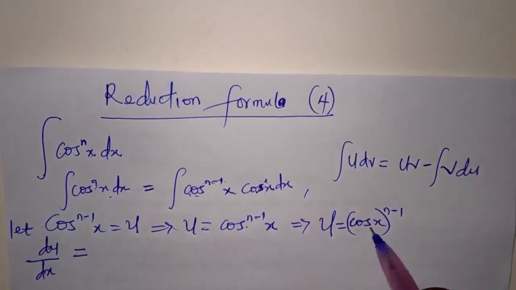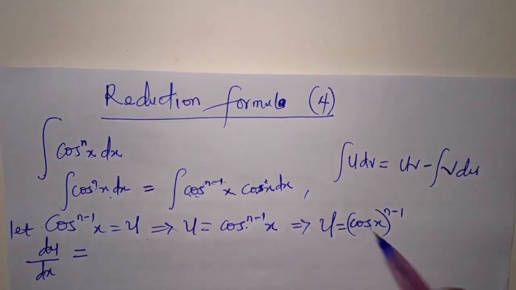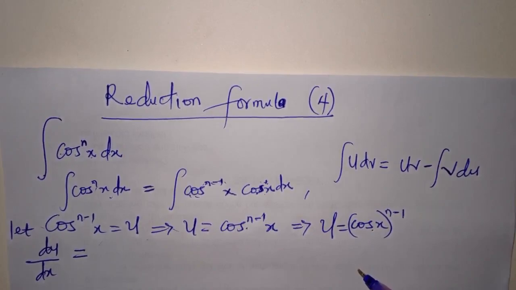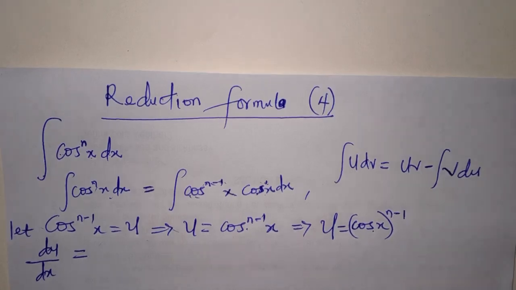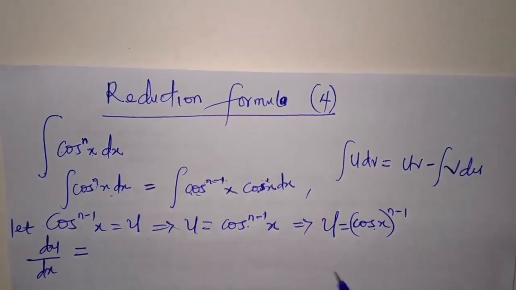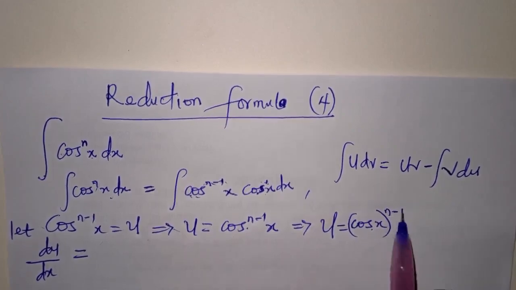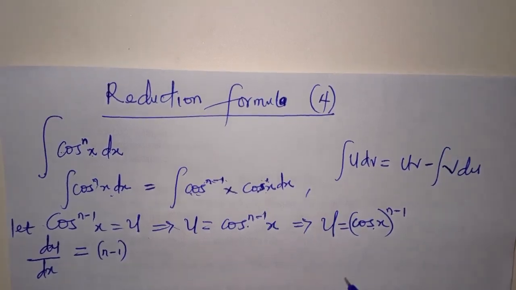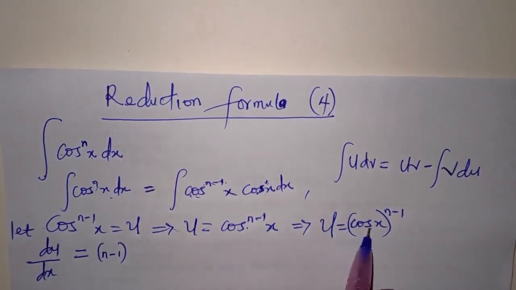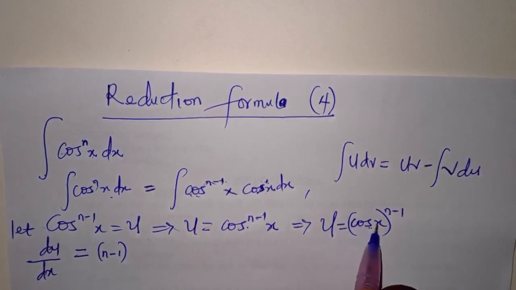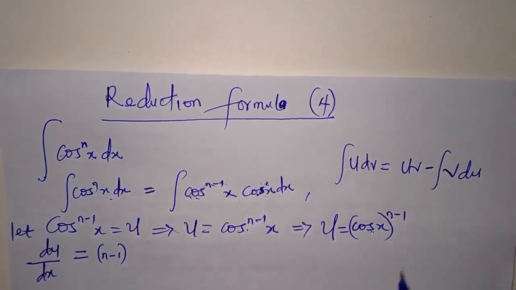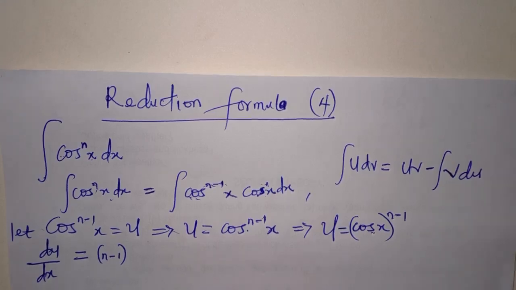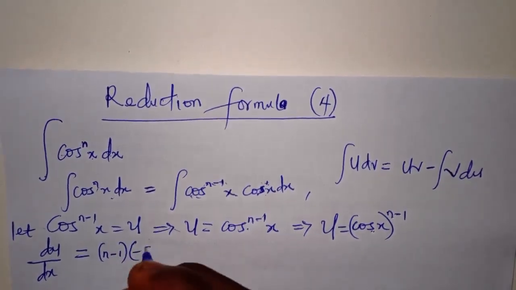To differentiate this, we are going to make use of the chain rule. I'll be using a shortcut. For the chain rule, the power is n minus 1, write it down. The function itself, cos x, differentiate it. If you differentiate the cosine function, you obtain the negative sign, write it down.